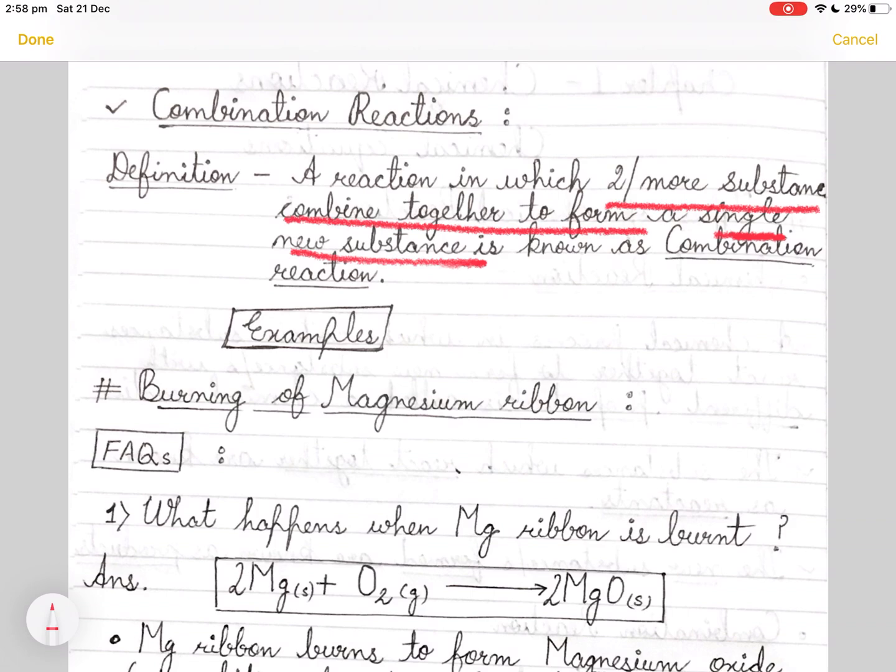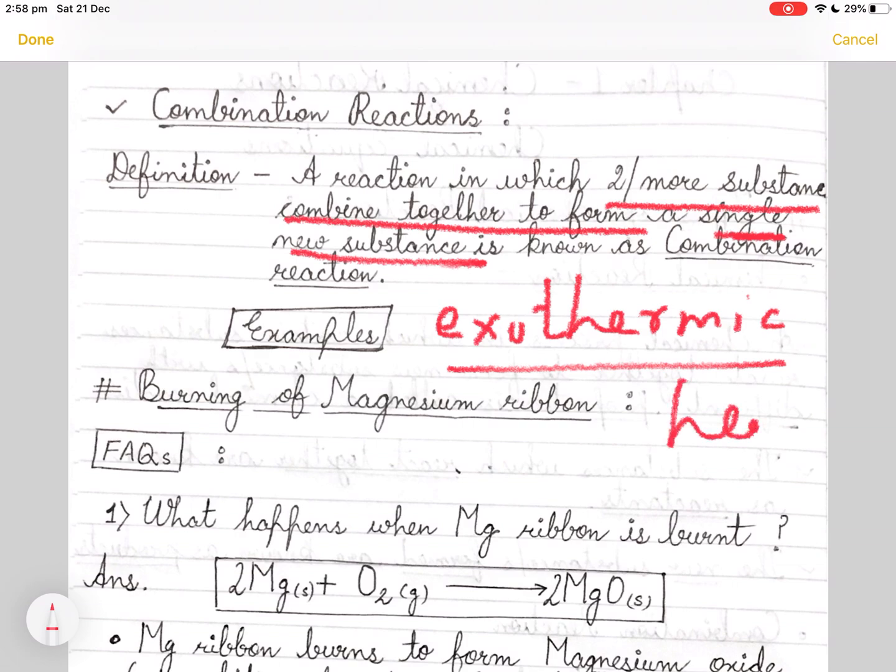Now very important to understand is all combination reactions are exothermic. I'm writing this term here for you. Now what is meant by the term exothermic? That means a lot of heat should be evolved out. So I repeat, all combination reactions are exothermic in nature, which means that the heat will be evolved out.